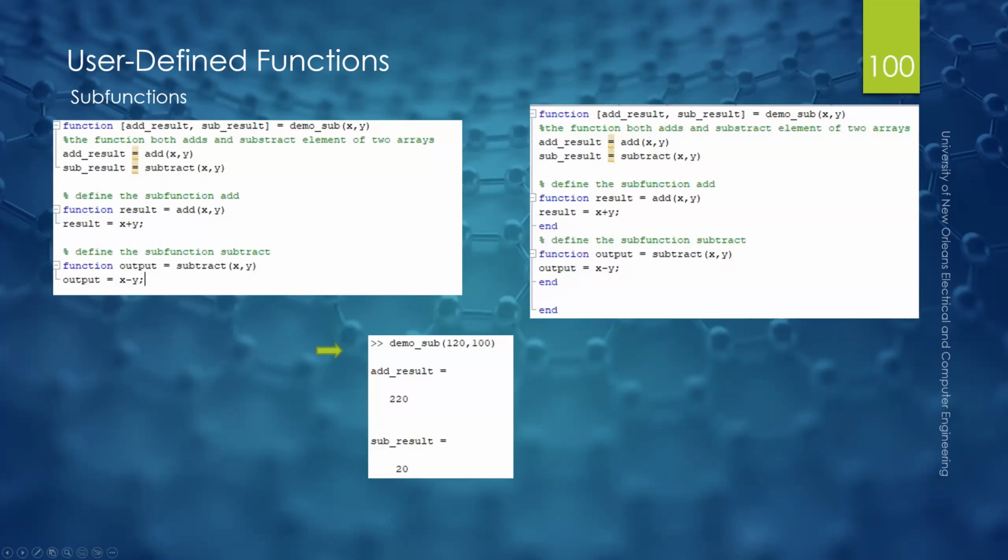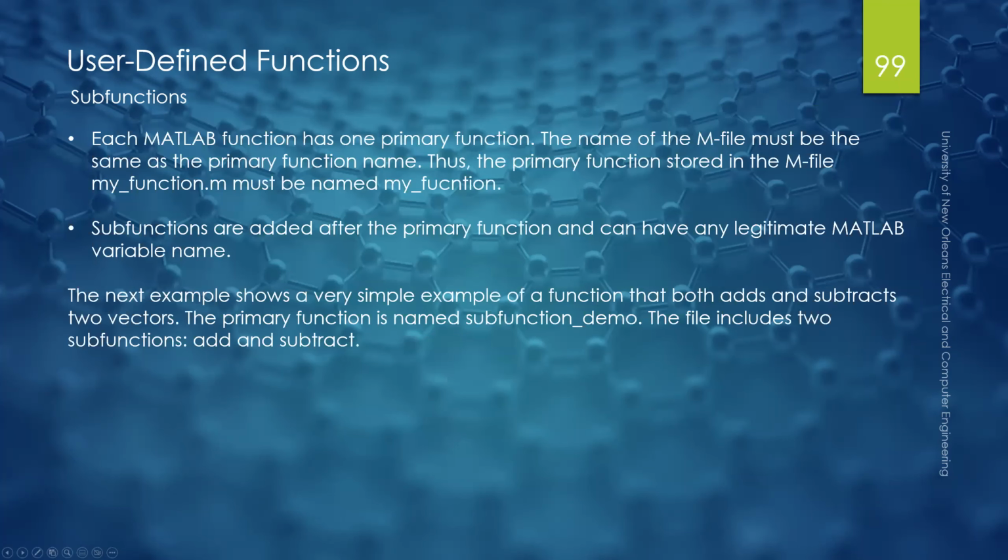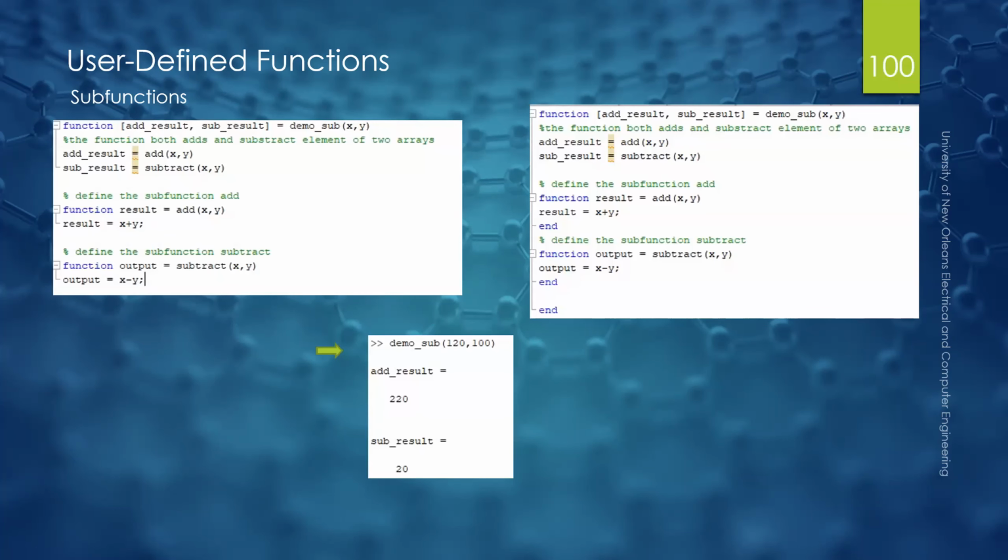Very simple example. Let's look at the left-hand side first. So in this case, we have a function, right? Actually, the name of the function is demo_sub, and we call it demo_sub.